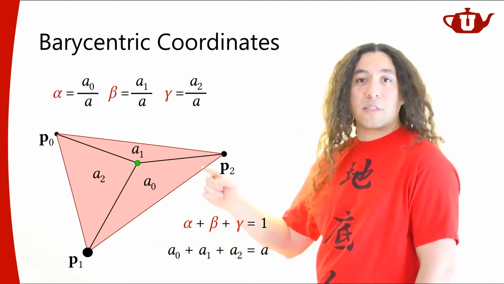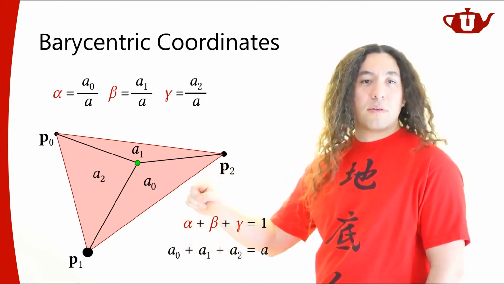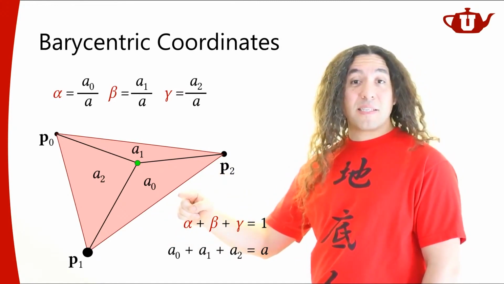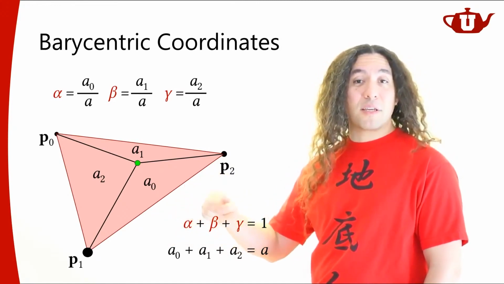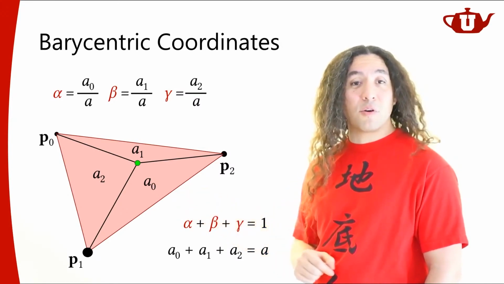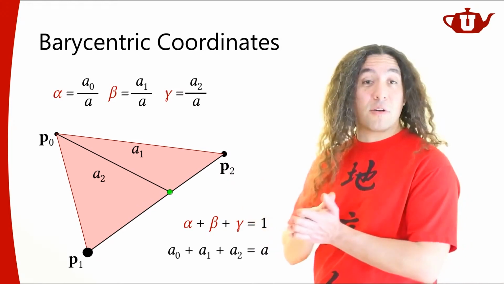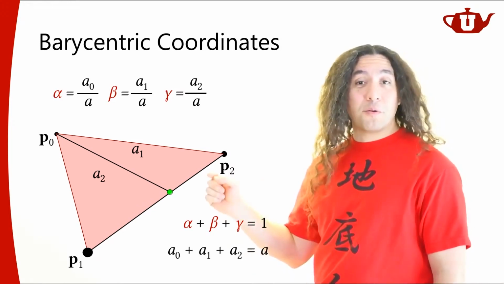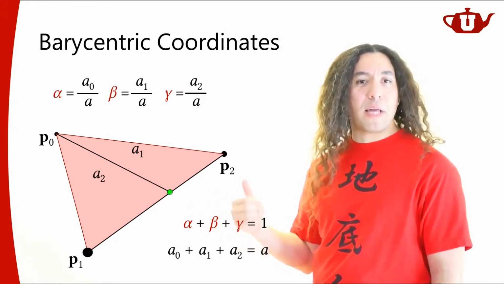Because the point is just going to be a linear interpolation between P1 and P2. And again, if this point is along this line, look at the area of this triangle over here. The area of that triangle is going to be 0. That triangle is going to collapse. So when alpha is supposed to be 0, A0 is 0, that kind of makes sense.